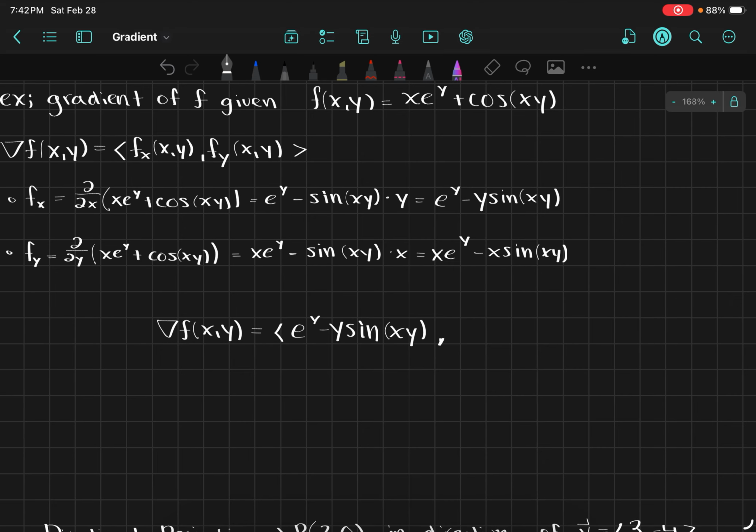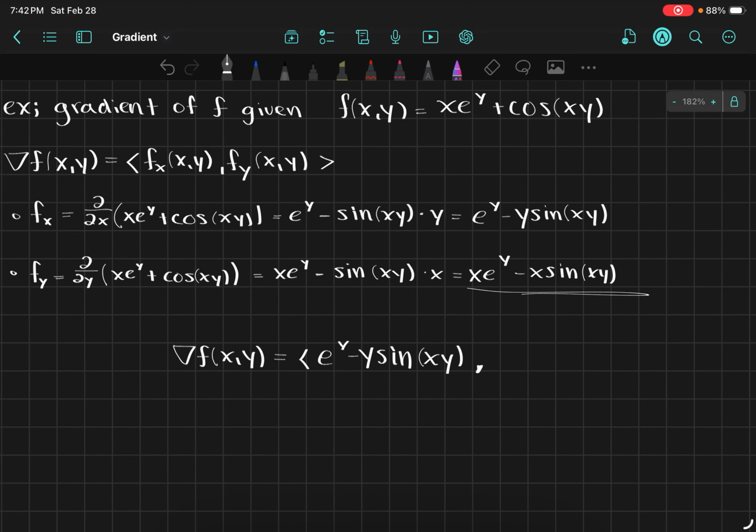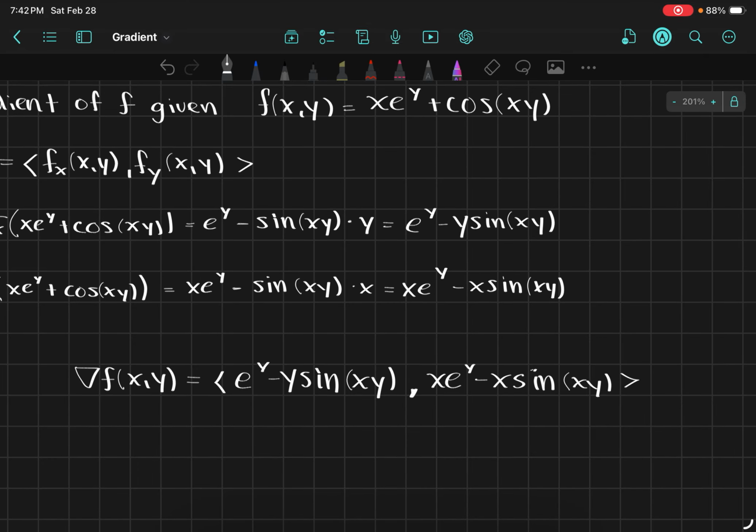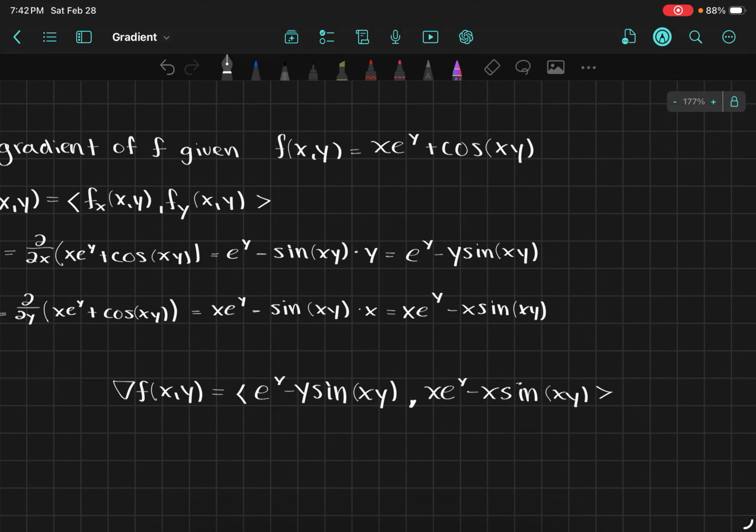And our y component of our vector is going to be x e to the y minus x sine of xy. That's our gradient of f given our function.